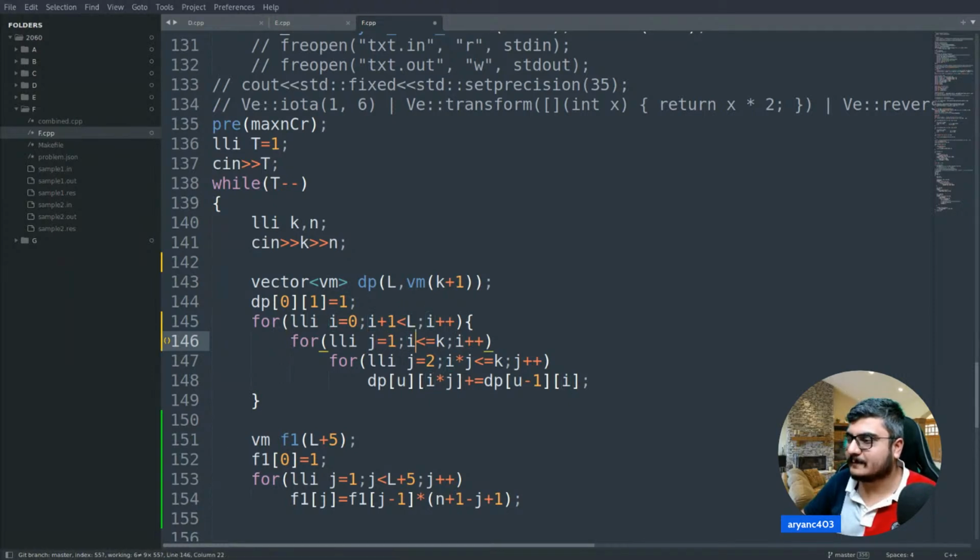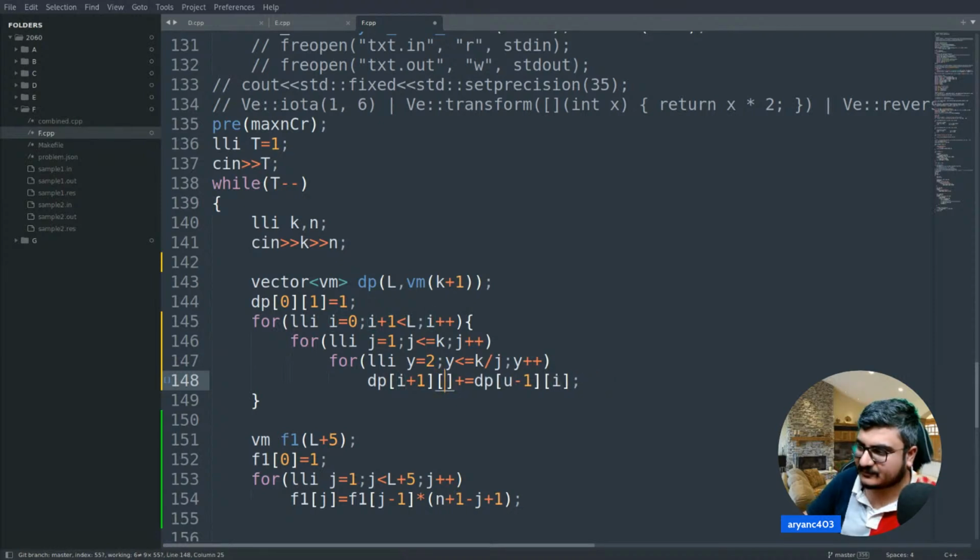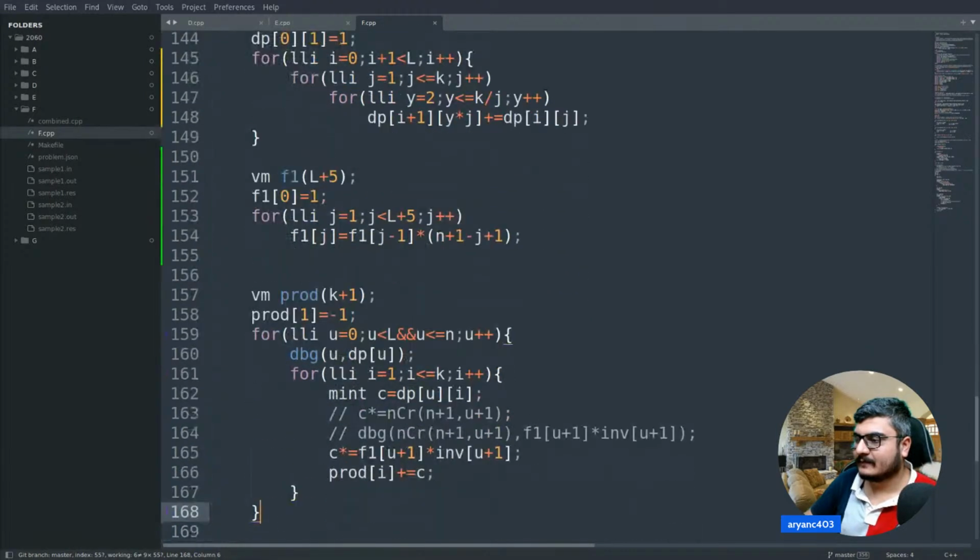For all j equal to 1, like the previous product, and for all y equal to 2, y less than k by j, y plus plus. dp i plus 1 denotes you have an array with product j and you appended y to it. y times j plus equal to dp i and j here. For each number, I start with, we need at least one number, right?